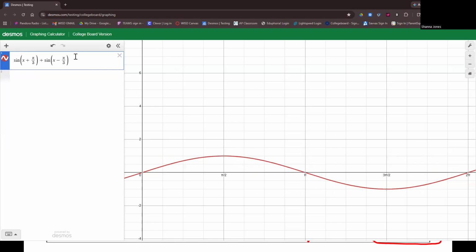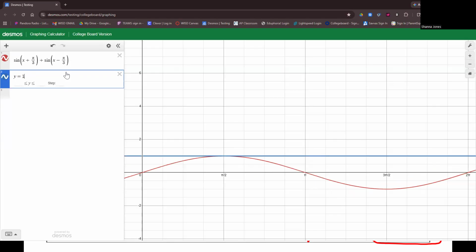So that's my function. And I want it to be equal to 1. So I've got to type in y equals 1. And at what point did that hit? At pi over 2. So are we geniuses or what?